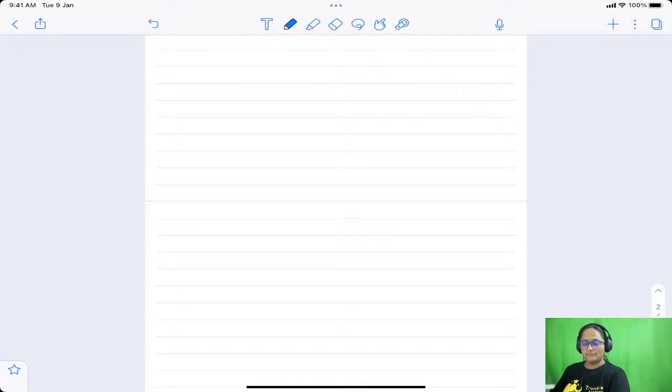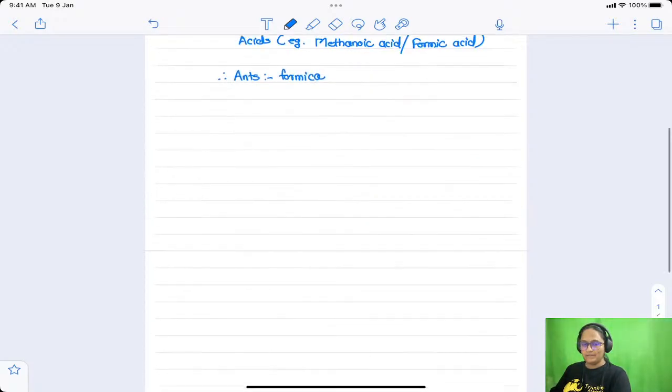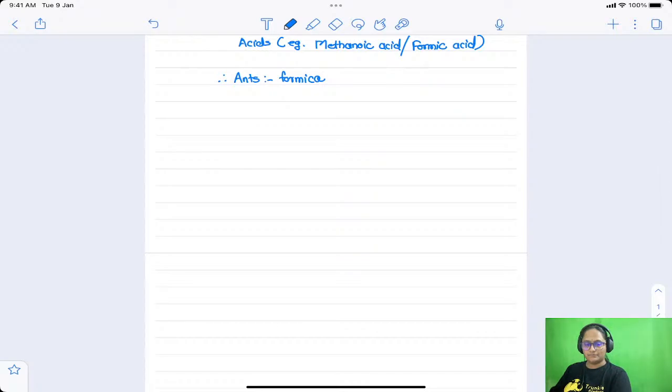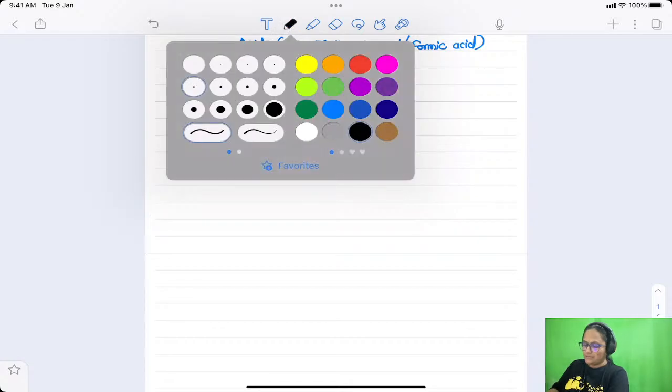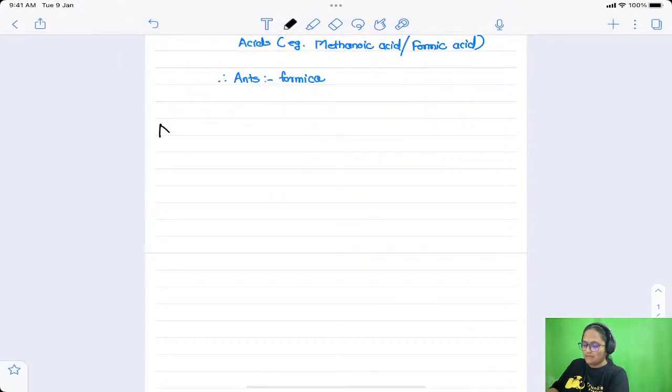Just give me a second, I'll draw the table for that. Okay, so this table contains, yes, we are going to discuss naturally occurring acids.